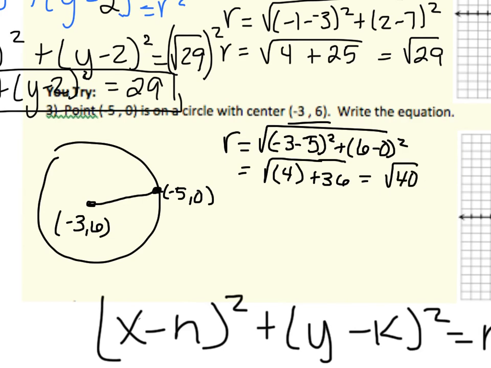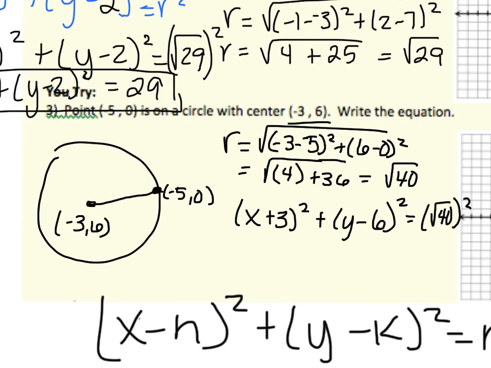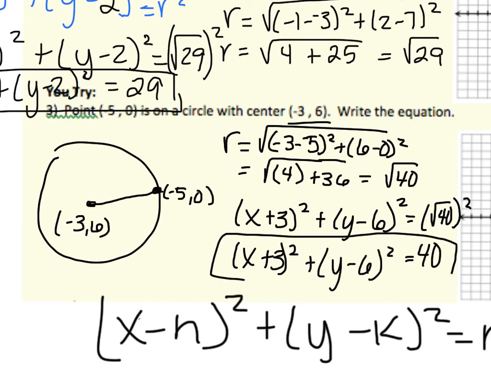When I substitute in, I start with x minus my x value, so that's minus a negative, or plus 3, squared, plus y minus the y value of the center, so (y - 6)^2, equals the radius squared. That's why I didn't simplify: when you square a square root, you get 40. The root cancels out and everything else is the same. So (x + 3)^2 + (y - 6)^2 = 40. Okay? All right, go and try part 2 of level 2s.